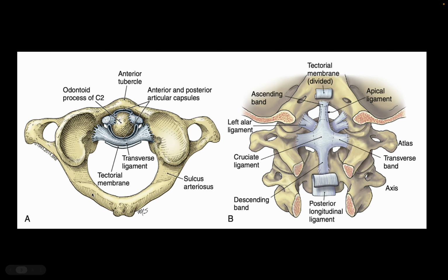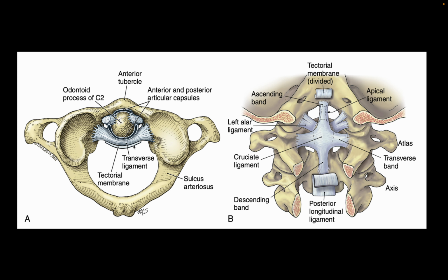In picture A is going to be C1, also known as the atlas vertebra. As you can see, here's that all-important transverse ligament, which is going to be crucial when we talk about isolated fractures of C1.